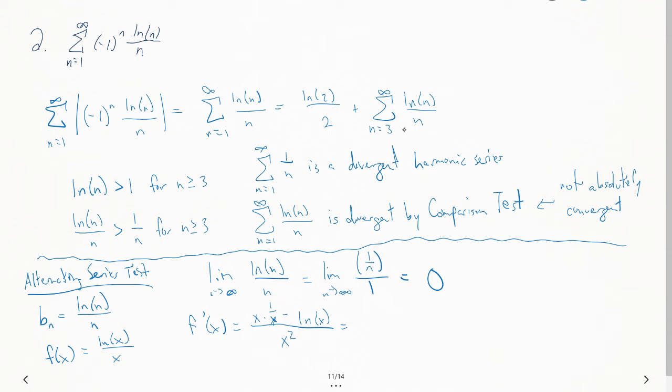So notice this is 1 minus natural log of x all over x squared. Now if you go 1 minus natural log of x equals 0, then you get 1 equals natural log of x, raise e to both sides, so you get x equals e.